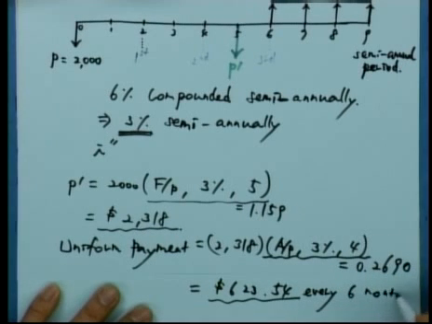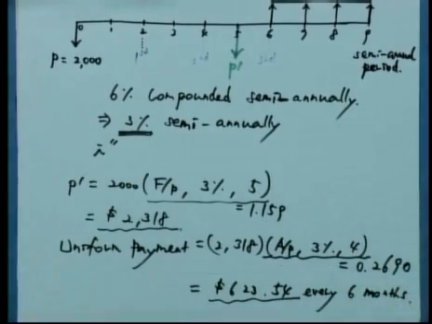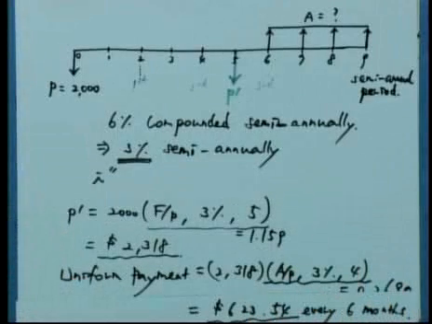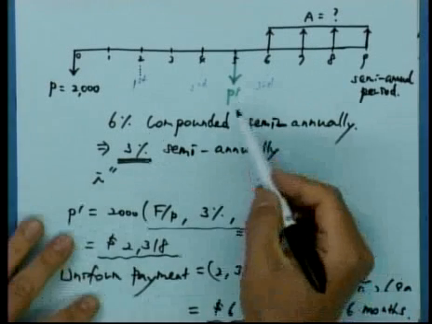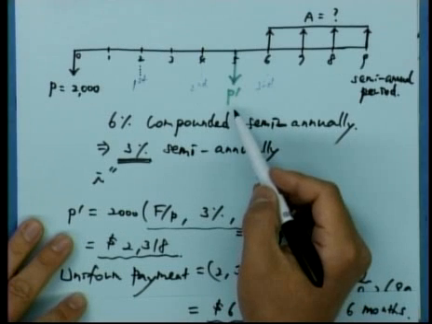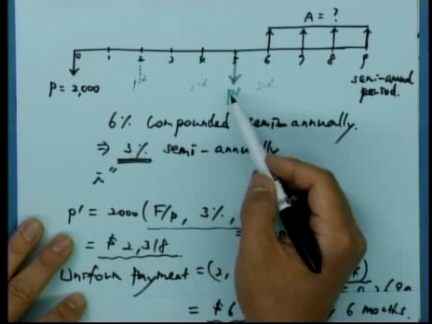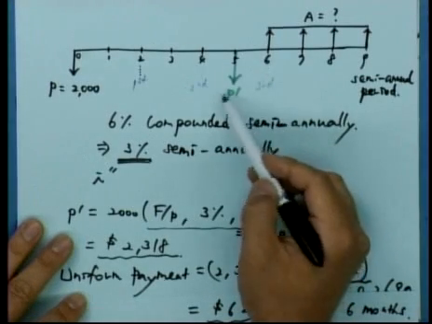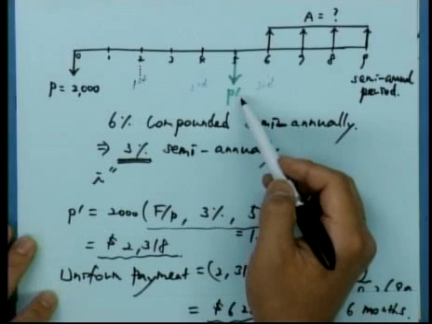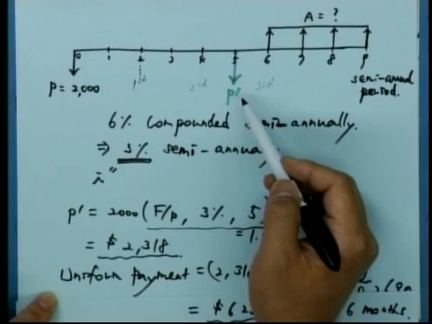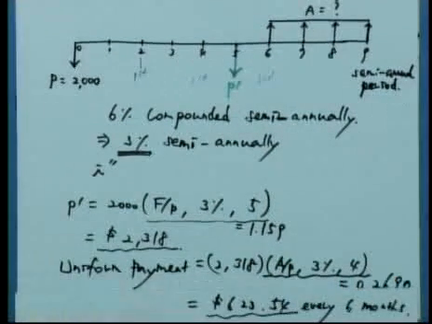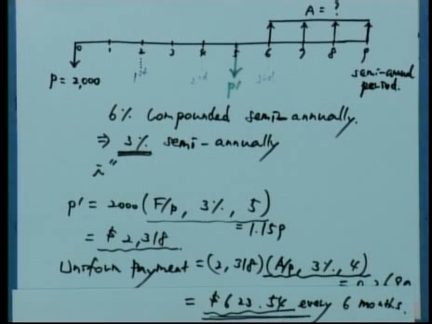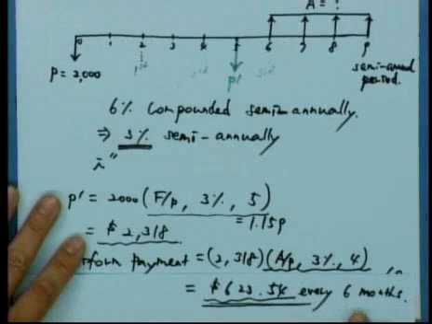So what we did here is we obtained the future value of the loan, one period, which is 6 months before the first repayment, right? And then this value, P prime, has been converted to equivalent uniform payments, which is $623.54 every 6 months.